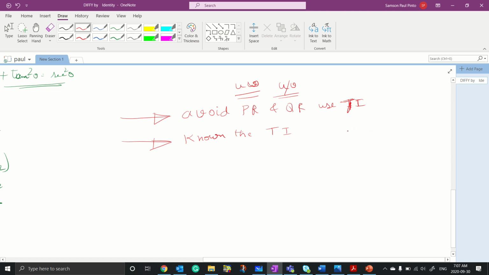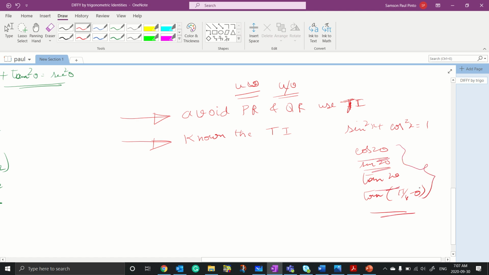For example, the easy ones actually, sine square x plus cos square x equal to 1, or some of them like cos 2 theta, sine 2 theta, tan 2 theta, tan of pi by 4 minus theta. All these are standard identities in your book, and it is good that you know some of these identities.